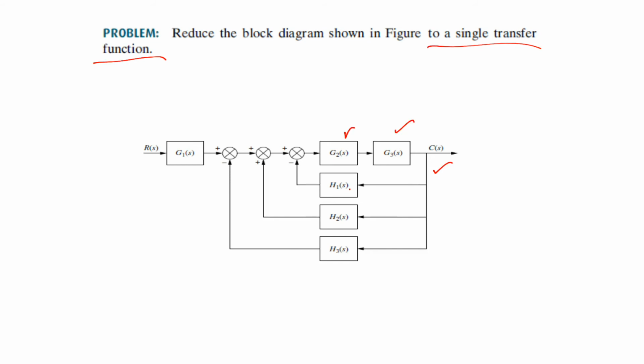One way to do it, first we take this feedback, we solve it, and second we take this and solve for the transfer function, and we take this and solve for the transfer function. So one way to do that.